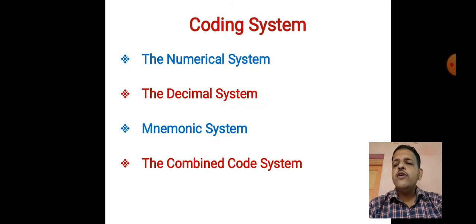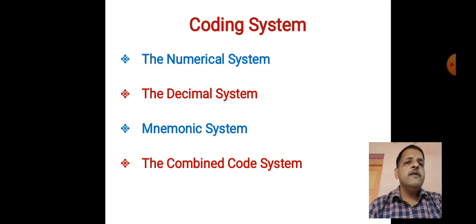The overhead code numbers are also called standing order numbers. There are four systems usually used for codification of overheads: the numerical system, the decimal system, the mnemonic system, and the combined code system.